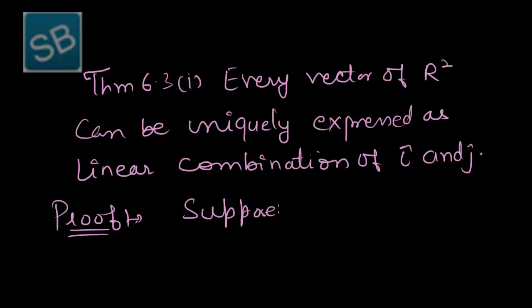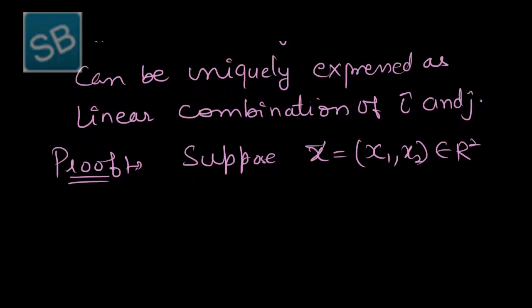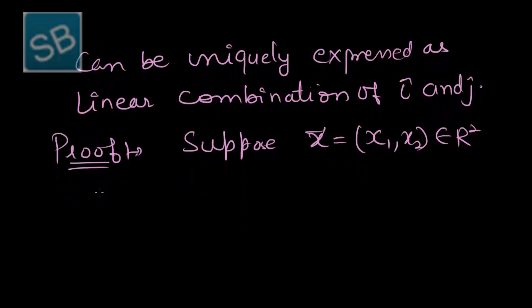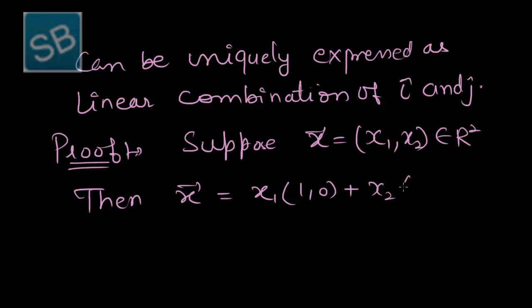suppose vector x is (x1, x2) belongs to R square, that is an ordered pair. Then vector x can be written as x1 into (1, 0) plus x2 (0, 1).